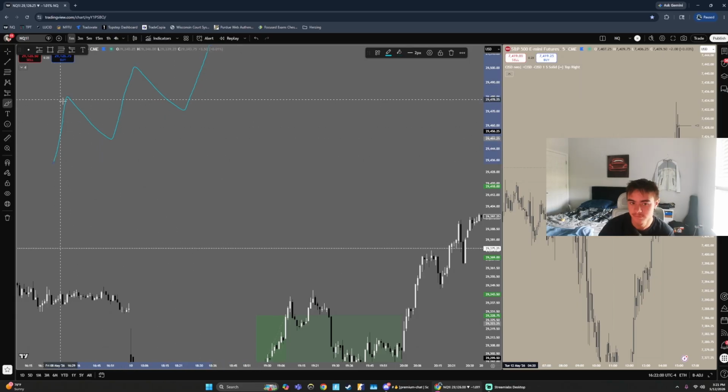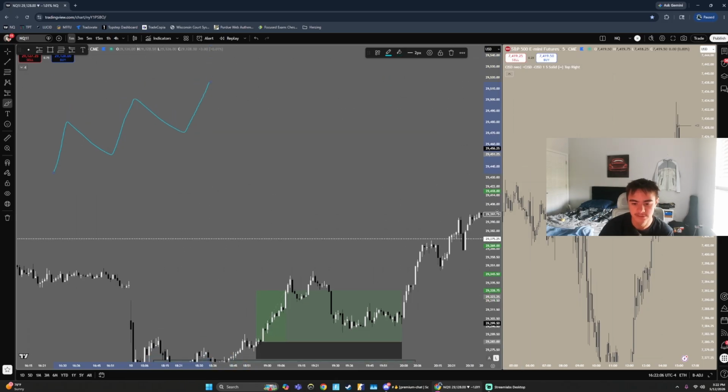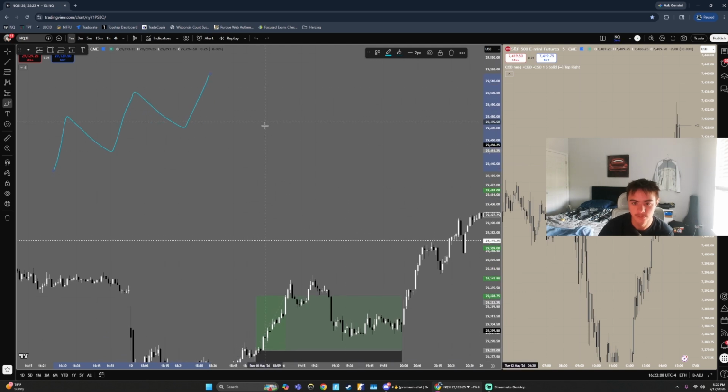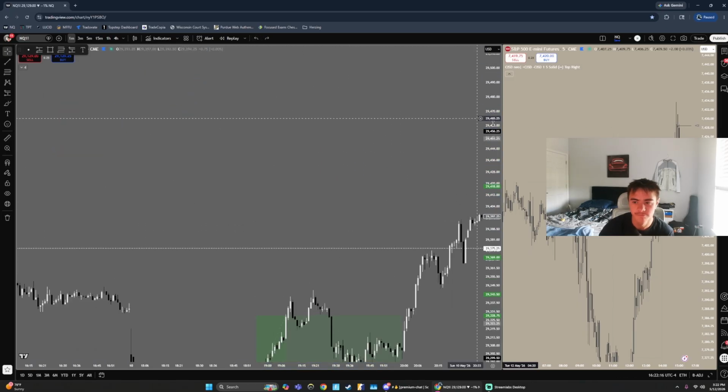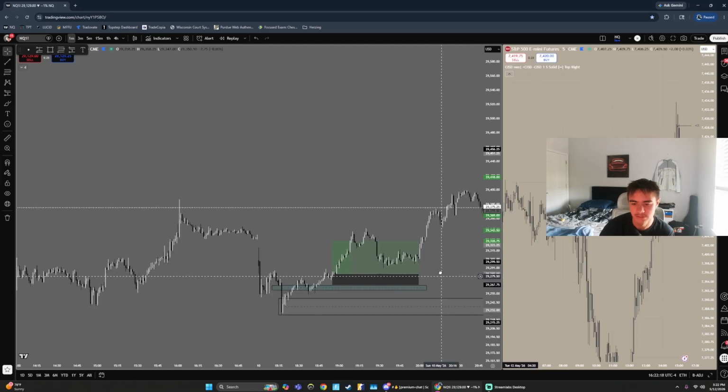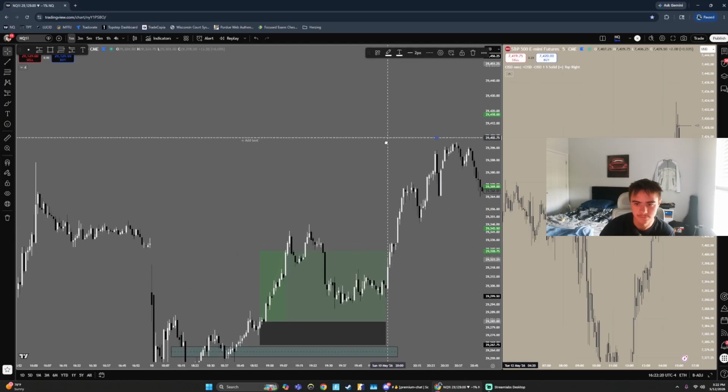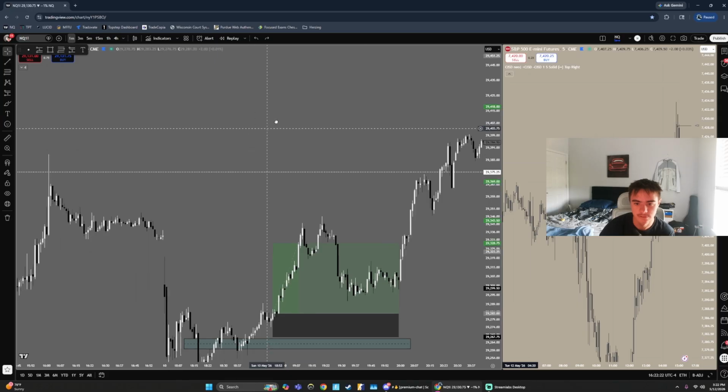It's going up, there's a repull, it's going up, there's a repull, it's going up. So the idea is you're looking for either that or this, whatever your structure is. Very basic continuation.